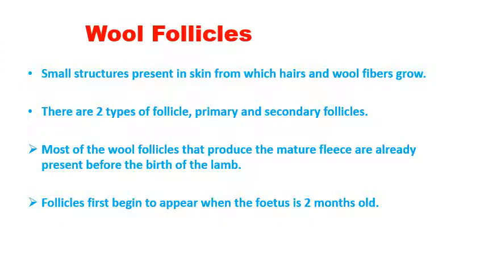Mostly the wool follicles that produce the mature fleece are already present before the birth of the lamb. Especially the follicles first begin to appear when the fetus is 2 months old. That is, the primary follicle growth starts before birth at the age of 2 months. However, the secondary follicle starts growing a little later. So we are going to discuss that in more detail next.